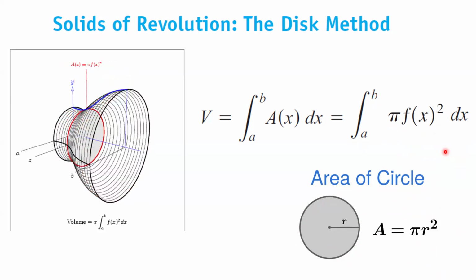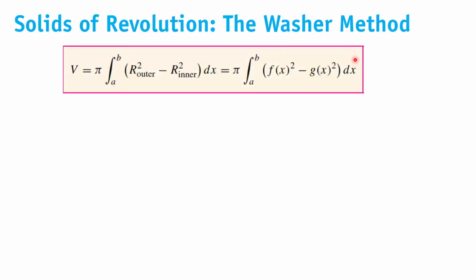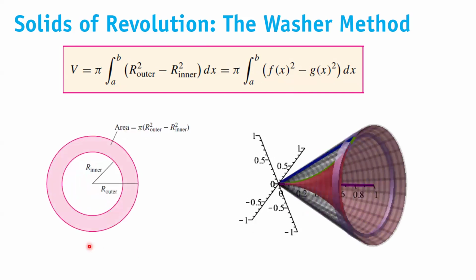Now let us review the washer method. For the washer method, you have a region bounded between two functions, and then the cross-section is similar to a washer. So you're finding the larger area, finding the smaller area, and you do the subtraction.